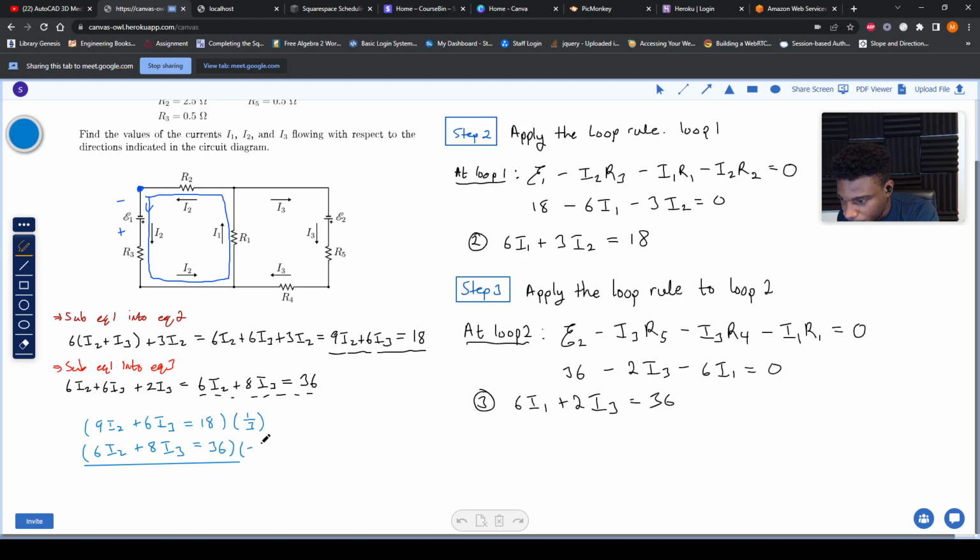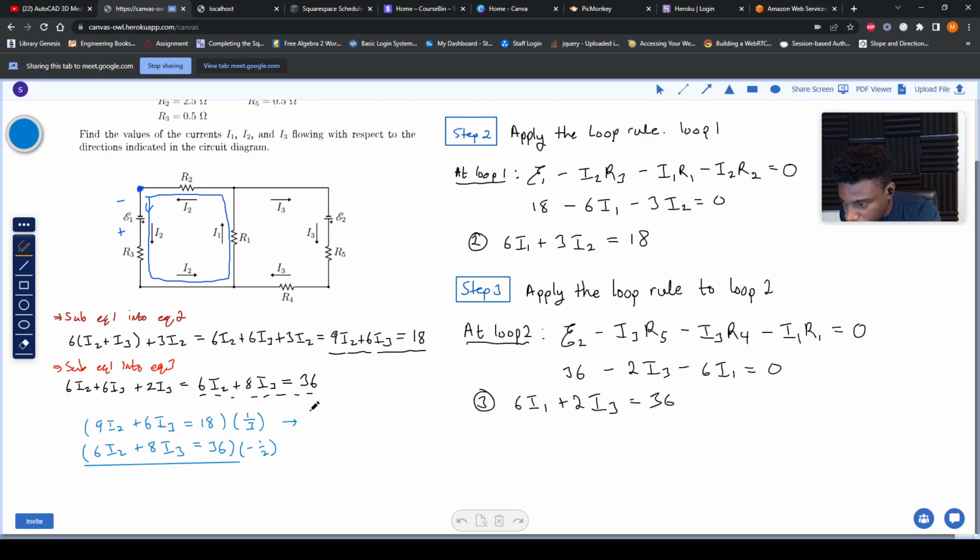Okay, so this is fine, but this will actually allow us to solve for I3, because I2 will be eliminated. But that's okay because we can take I3, plug it back in, and get I2 as well.